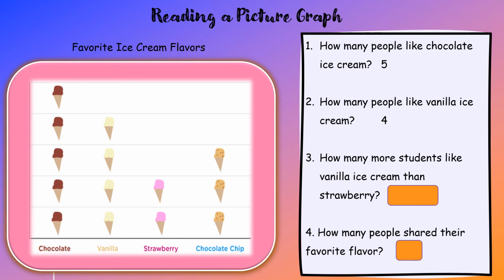Let's look at question number 3. How many more students like vanilla ice cream than strawberry? Remember, those words, how many more, mean that we are going to subtract. So it says, how many more students like vanilla ice cream than strawberry?